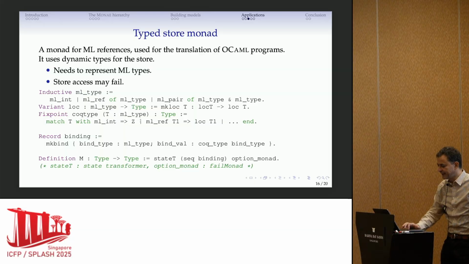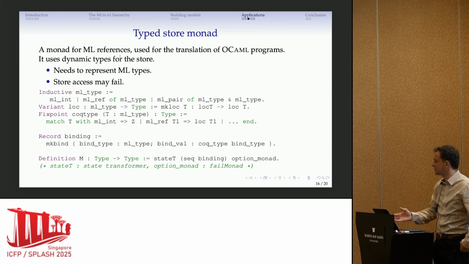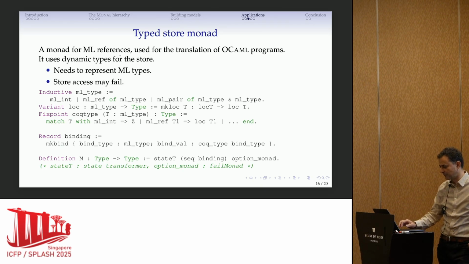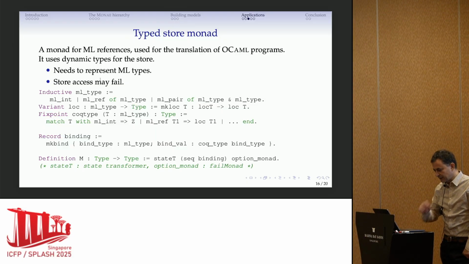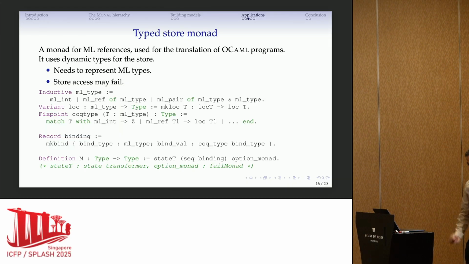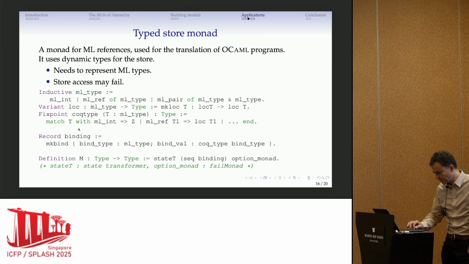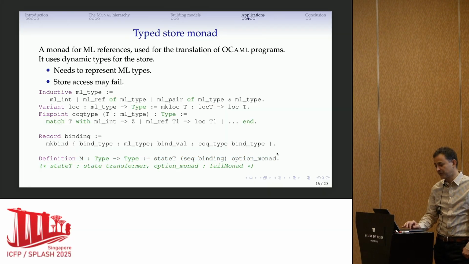And what we're doing here to make computation easier is using dynamic types. So I think it's a bit different from what they are doing. We need to represent ML types. Since we have dynamic types, store access may fail. So the monad we are going to build, the last line here, applies the state monad transformer to the option monad.